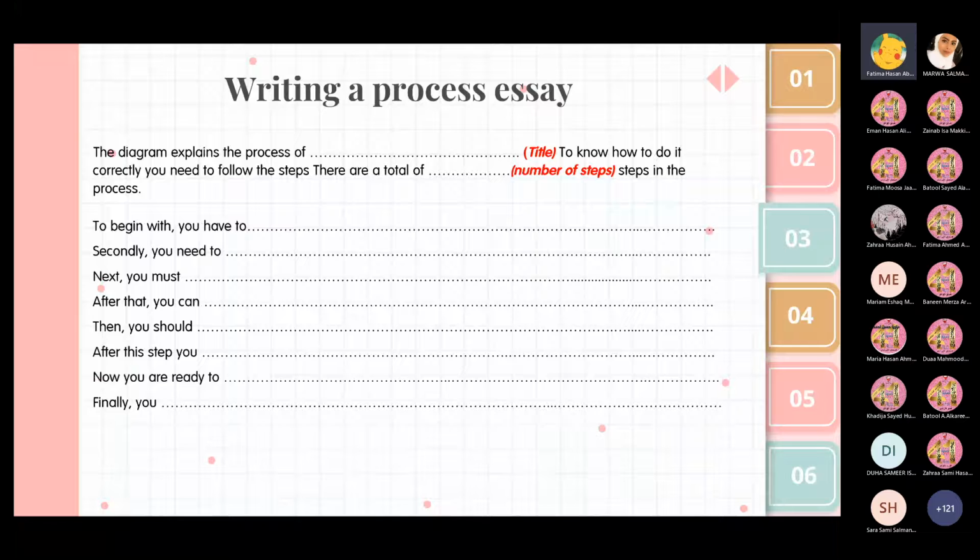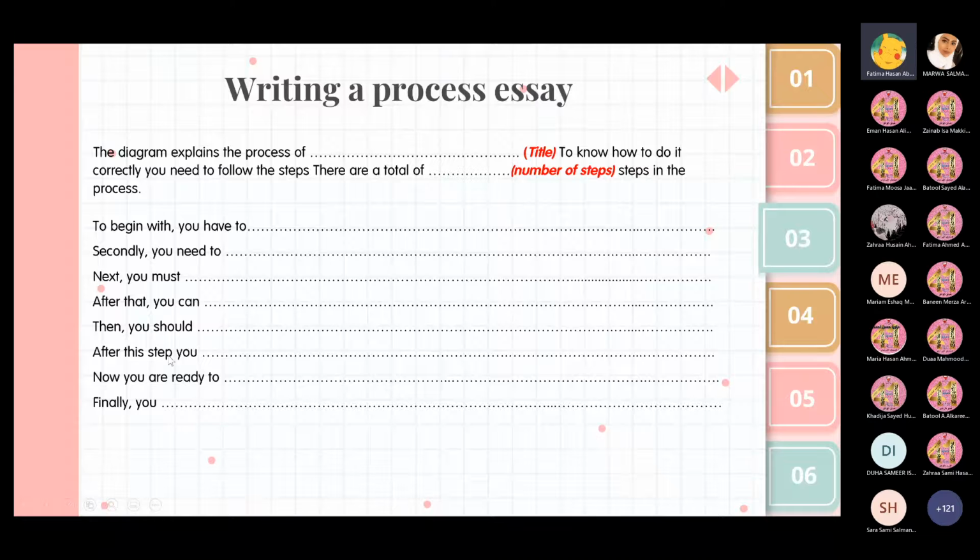And then to begin with it, you have to write the first step. Secondly, you need to write the second step. Next, you must write the third step. After that, this is going to be the fourth step. Then this is going to be the fifth step.